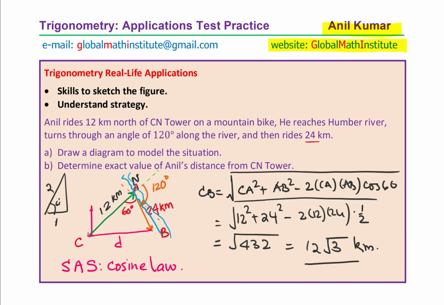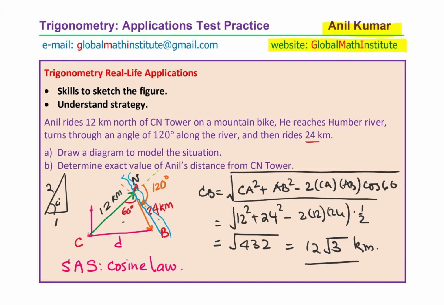Looking at the diagram, do you see something very interesting? It is a 30, 60, 90 degrees triangle, and 12 square root 3 is one of the sides. That is how you could solve this particular question. I'd like you to now find the sides and describe the triangle.